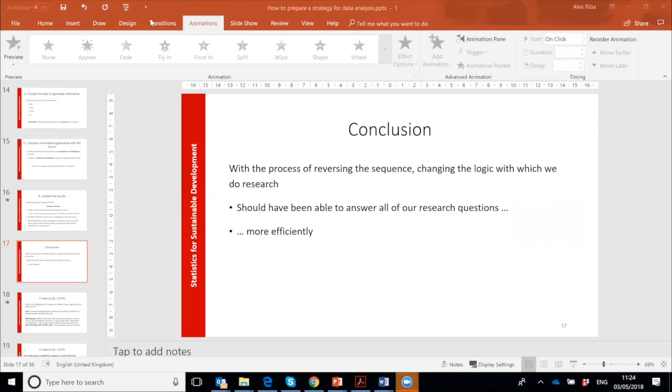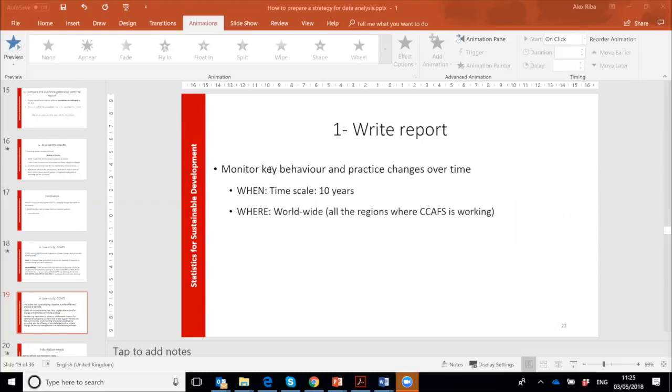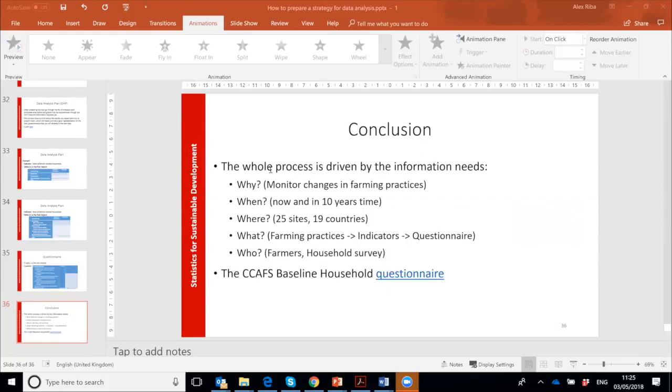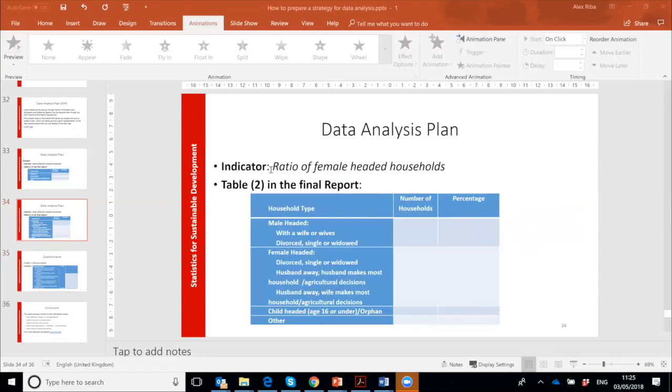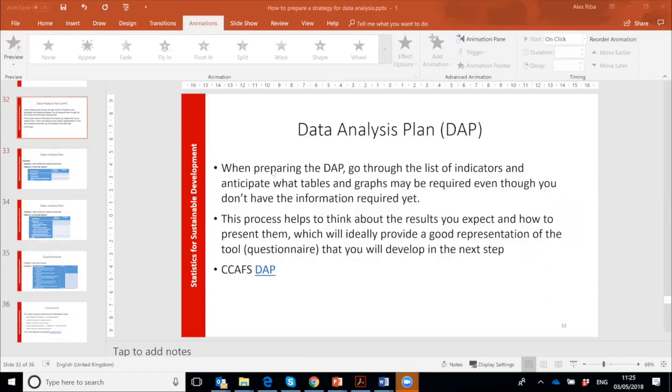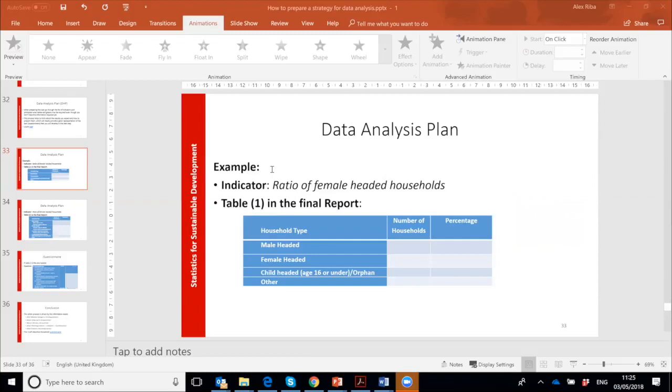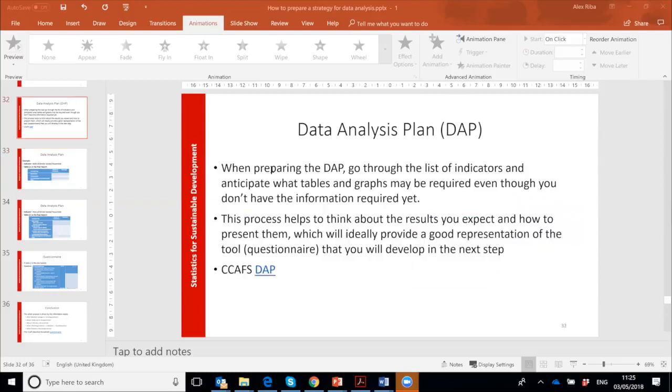And this helps us to think about the results we're expecting, but also how to present them, which provides a good representation of the tool. What do you mean exactly by that? A good representation of the statistical model, the approach? Yeah, so I'm thinking again about my qualitative data set and the more about the questions of why these trait preferences are coming up. So yeah, what do you mean by that, maybe?